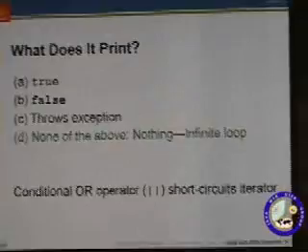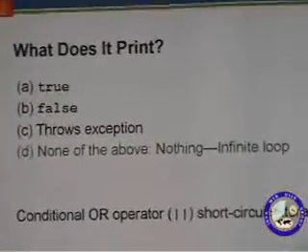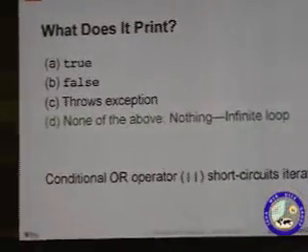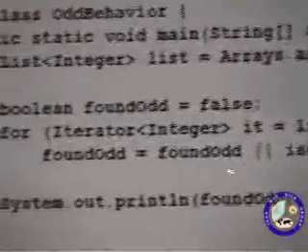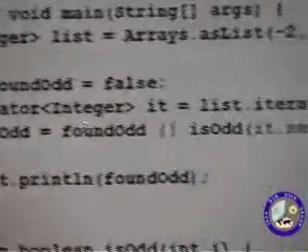The correct answer is this program does not do anything because this program contains an infinite loop. And the intuition is the conditional OR operator is a short circuit operator. So let's look at the program again and see how that works out. When we're accumulating the value into found odd, once we found an odd number, found odd is already true.